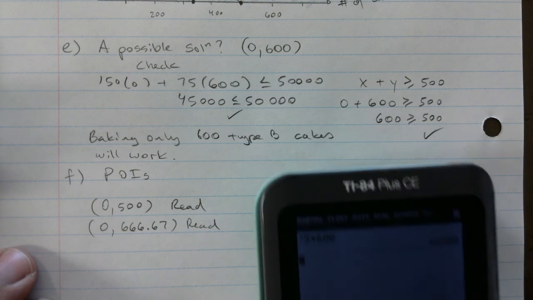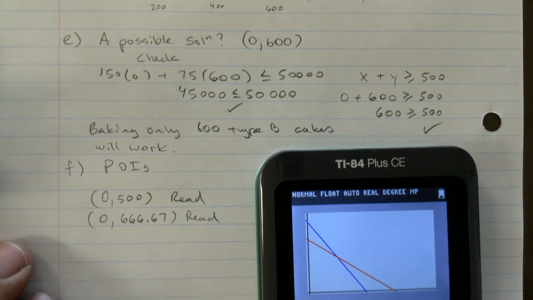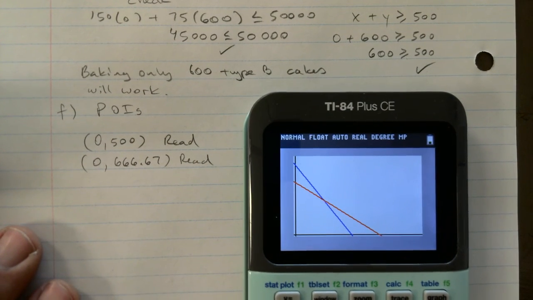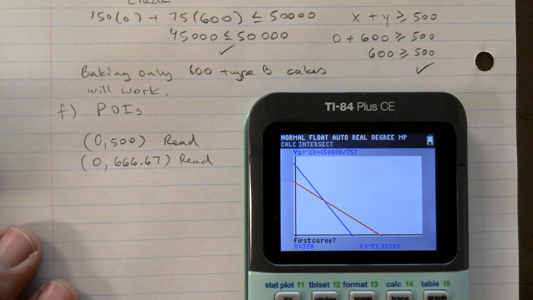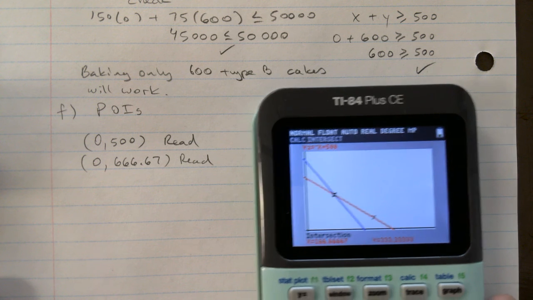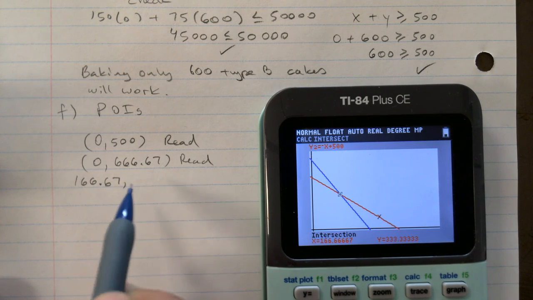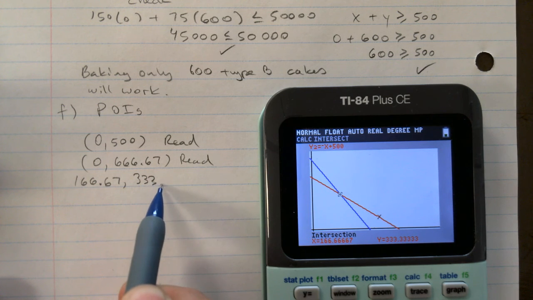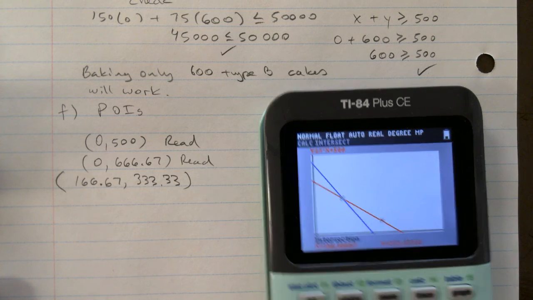And that last one, I invite you to do this as well, if you have your graph, you just go second, trace, 5. And basically you can close your eyes because there's only 2 lines. Enter, enter, enter. And so it's 166.67 and 333.33. And that is calculator.